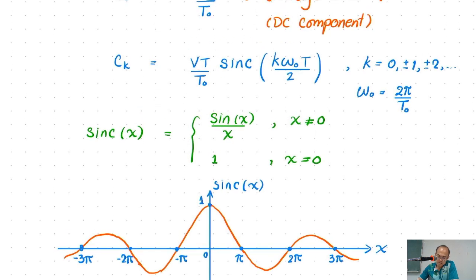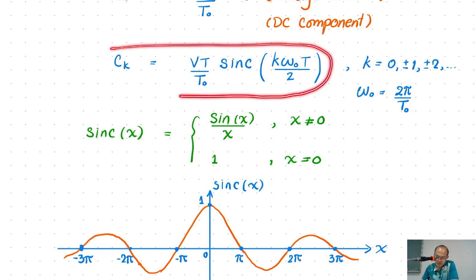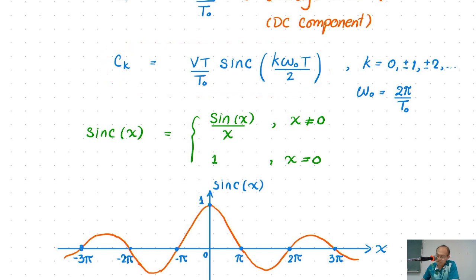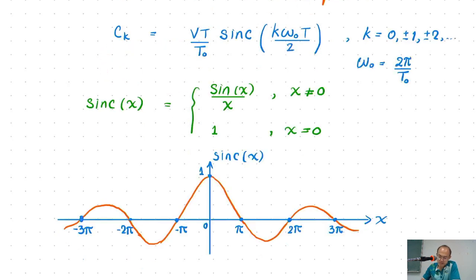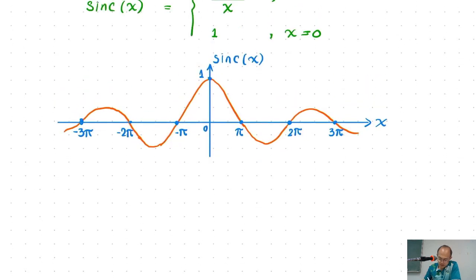Now, from the Fourier series coefficients here, we can write down the Fourier series of the rectangular pulse train like this. We have x(t) equal to the summation of ck e to the j k omega 0 t, where k goes from negative infinity to infinity.